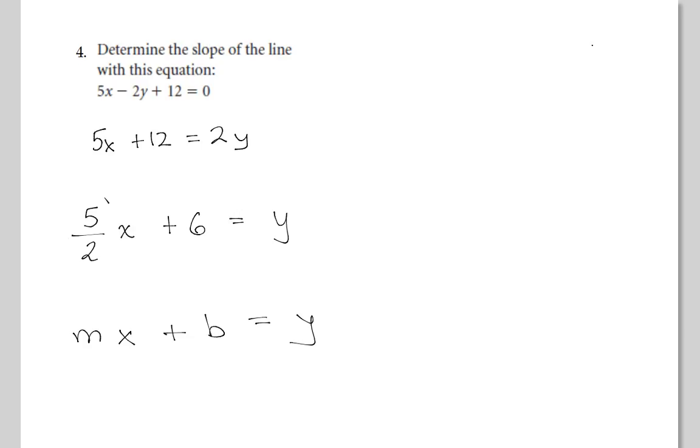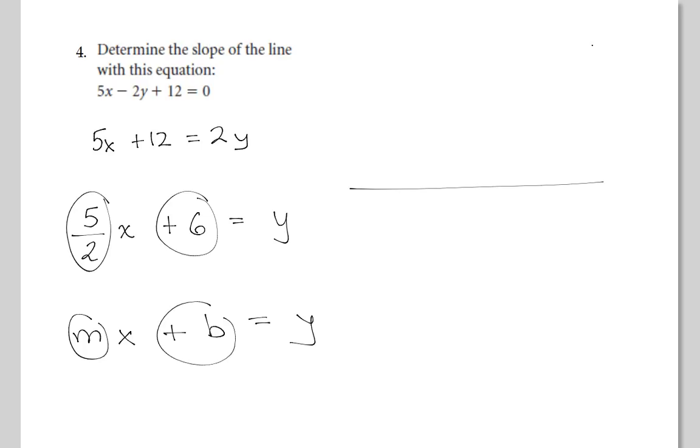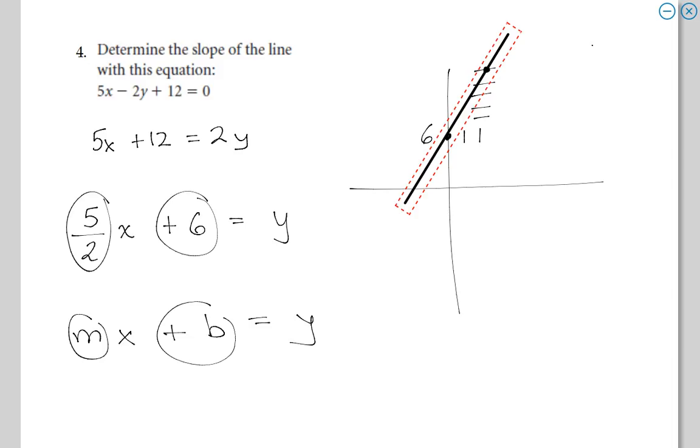Is it easy to identify the m? Is it easy to identify the y-intercept? So when you go to graph this, you put on 6, 2 to the right, and then 5 up. And there's your graph.